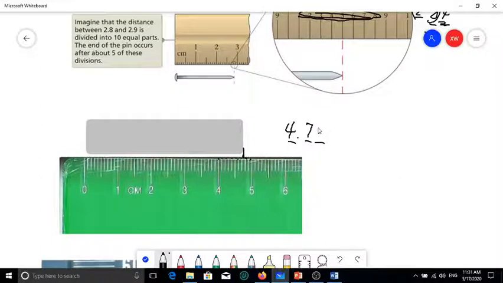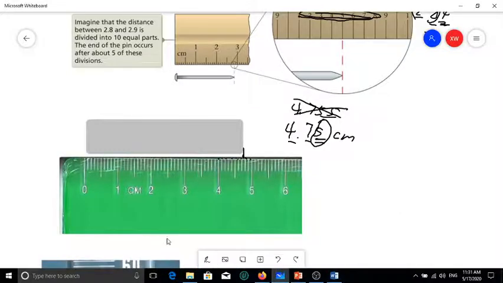You can say, okay, 4.75. Notice that the 5 is an estimate. By estimating one more digit, for instance, if you say 4.755, that's wrong. You're not supposed to read more than one digit to estimate, only one digit. Okay, let's take a look at another example.